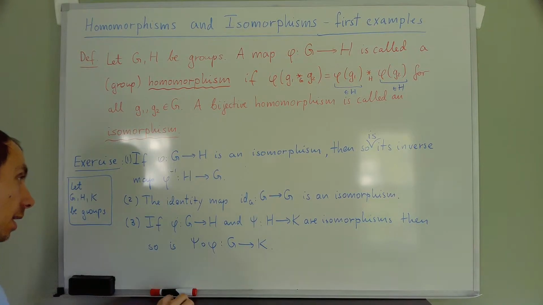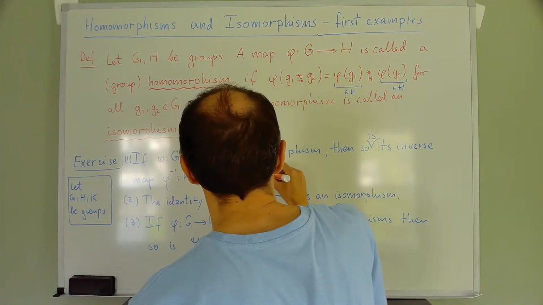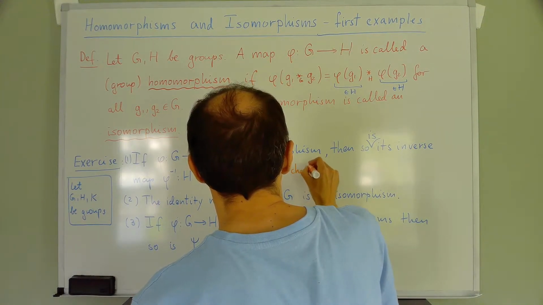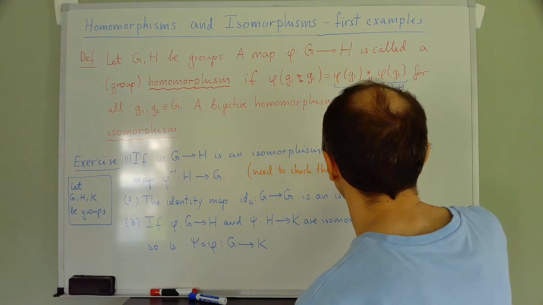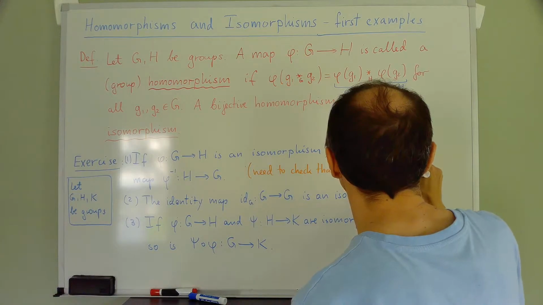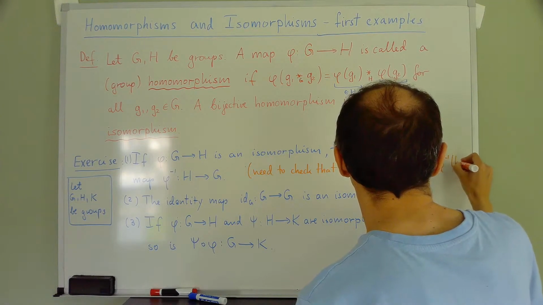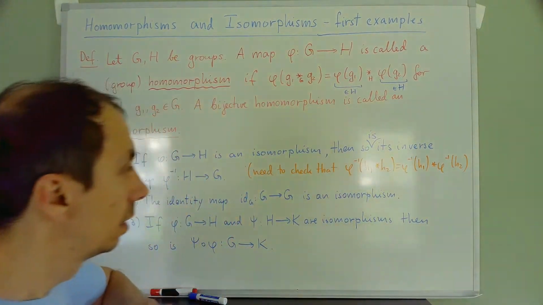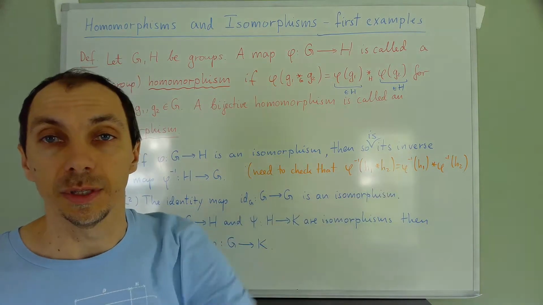So you need to check that phi inverse of h1 star h2 is phi inverse of h1 star phi inverse of h2. This multiplication now happens in H, and this multiplication happens in G.